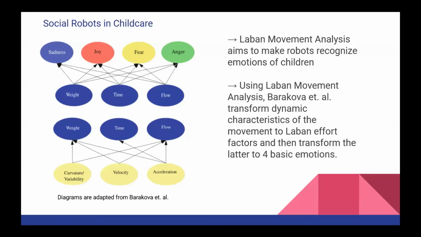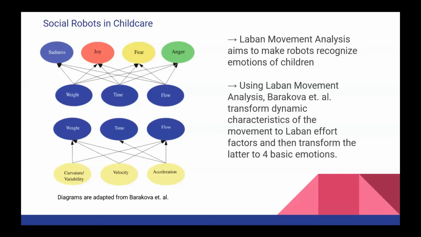Using Laban movement analysis, Barakova et al. transform dynamic characteristics of the movement to Laban effort factors such as weight, time, and flow, and then transform the latter to the four basic emotions: sadness, joy, fear, and anger.